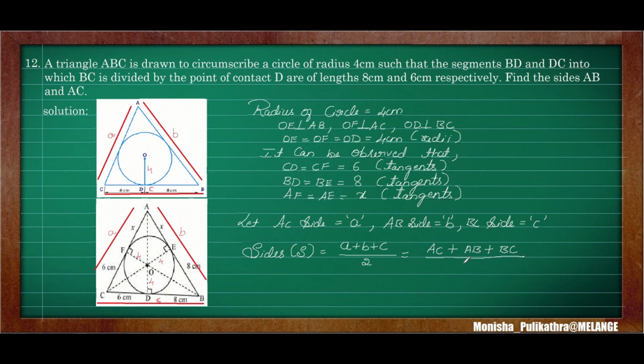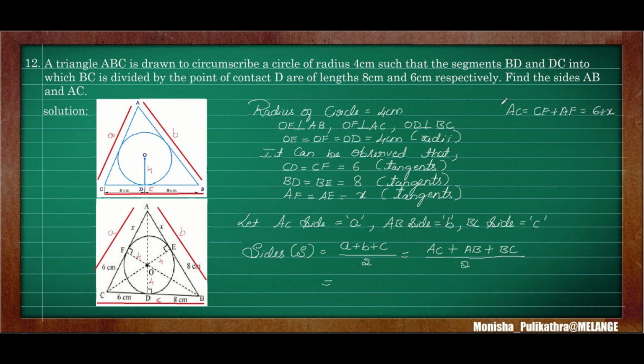What does the side AC signify? AC is equal to CF plus AF, that is 6 plus x.